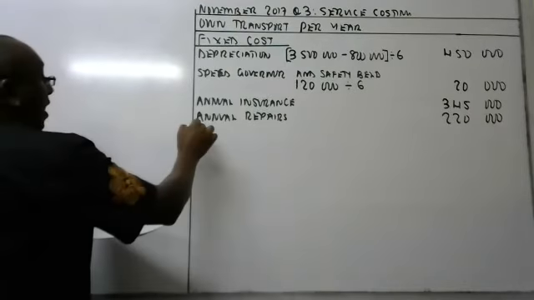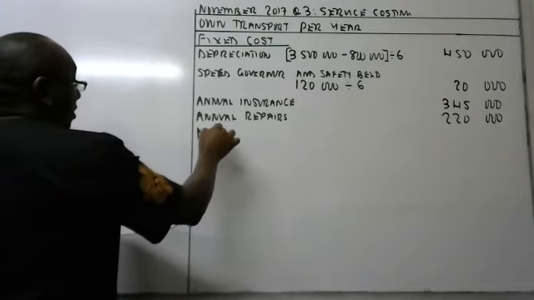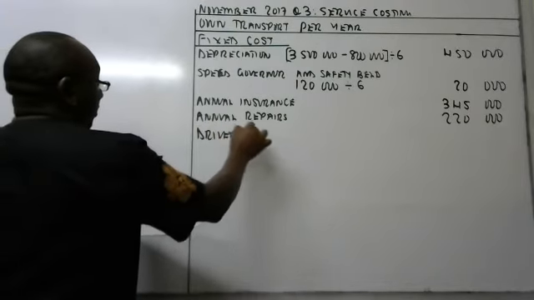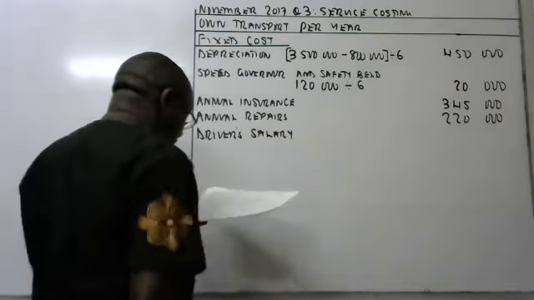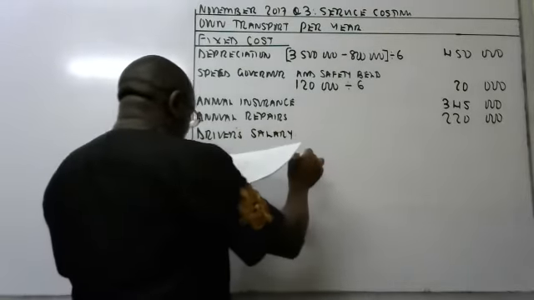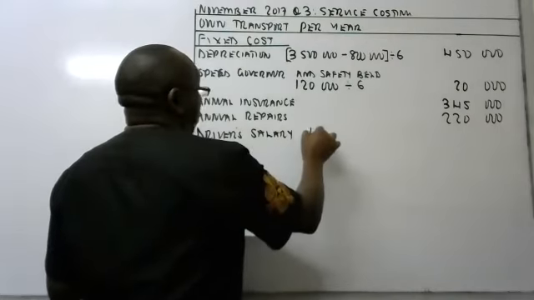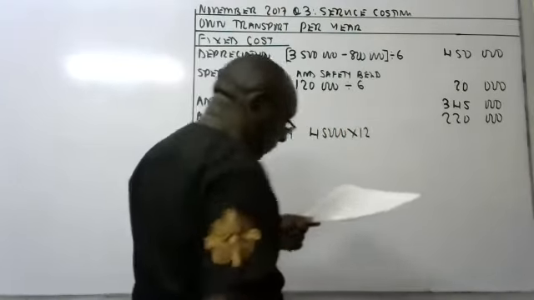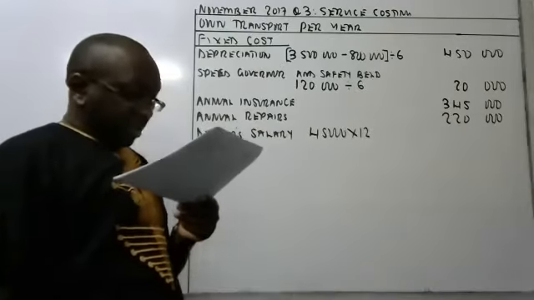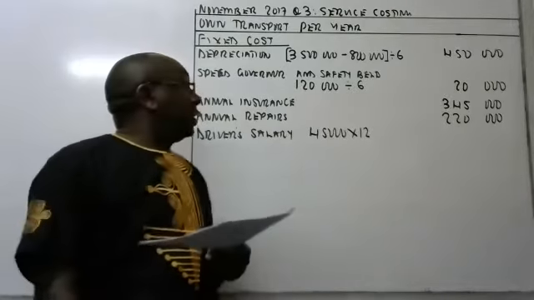The driver's salary. We are told it is 45,000 per month. So you take 45, you multiply by 12.